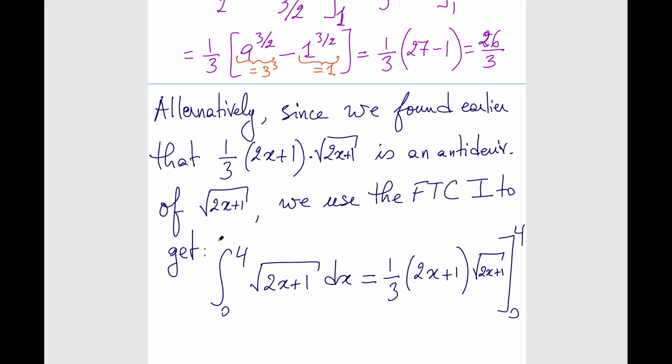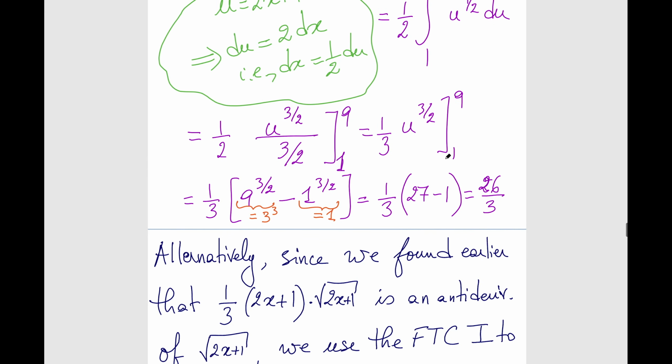So you can go all the way to the primitive of this and then apply the fundamental theorem of calculus, part 1, to evaluate this at the upper bound, and you subtract the result if you evaluate this at the lower bound, correct?